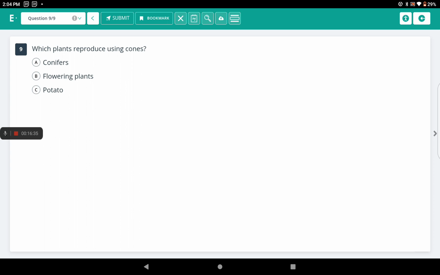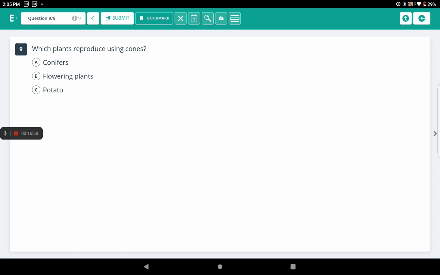And our last question, number 9, which plants reproduce using cones?